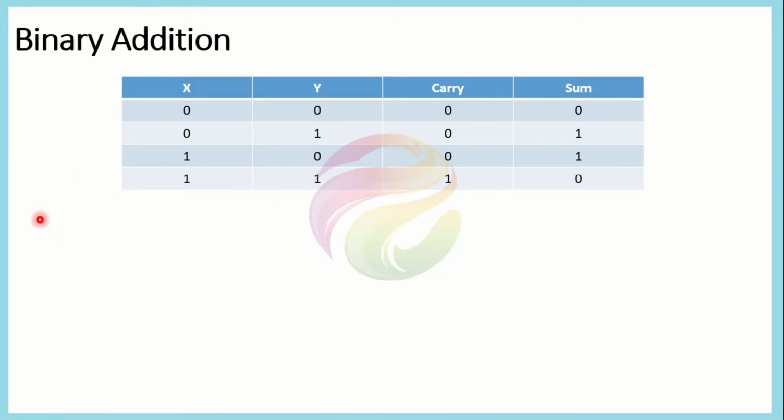In this example, we have discussed only single bit numbers. Now suppose we have numbers which are represented in n number of bits. In that case we have to design our system in such a way that it can perform addition between different n bit numbers.